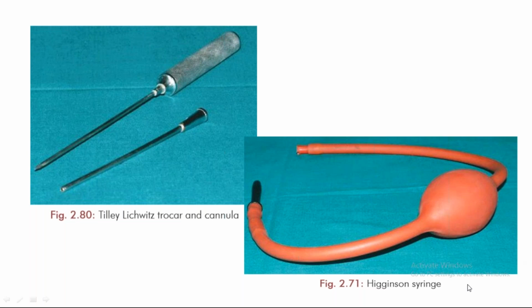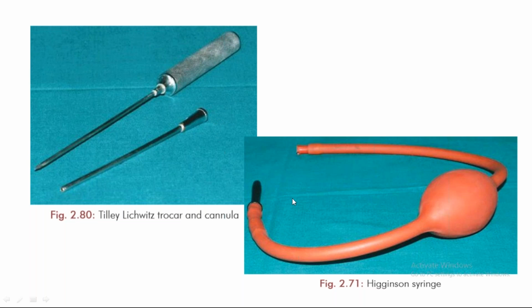This is a Higginson syringe, and it has a valve over here that prevents the backflow of water. Before puncturing, you make sure the volume of this bulb is almost 25 to 30 ml. You remove the black covering and attach it directly to the cannula.